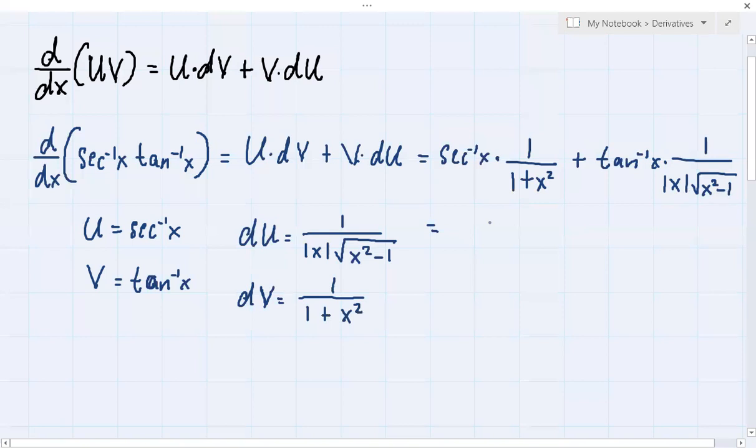Now, let's multiply them. Sa first term, let's multiply the arc secant x dito sa naka-fraction na to. We will have arc secant all over 1 plus x squared, plus, then sa second term, multiply natin silang dalawa, we will have arc tangent x all over the absolute value of x times the square root of x squared minus 1.